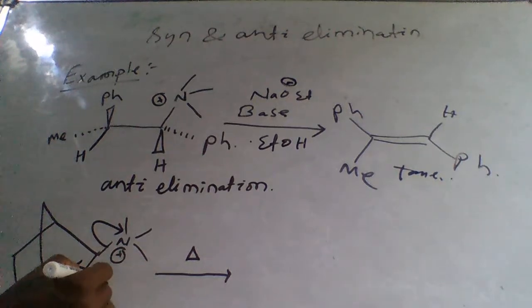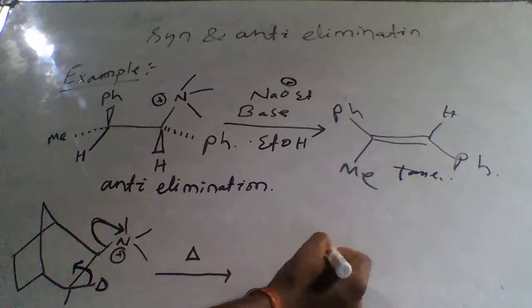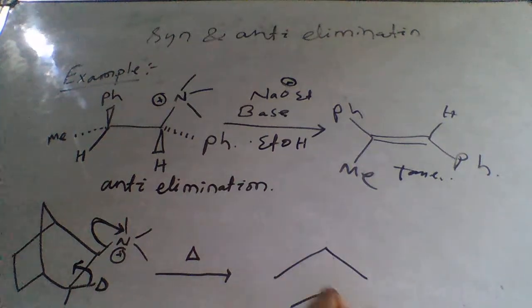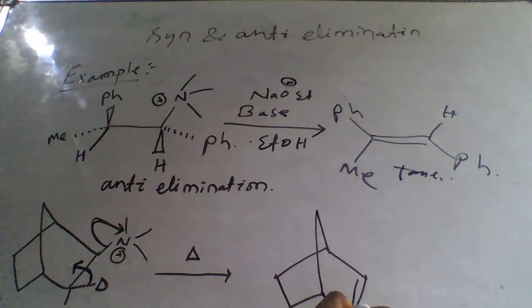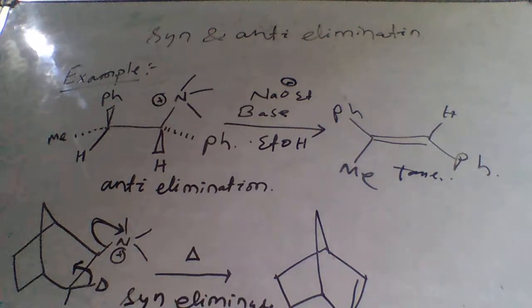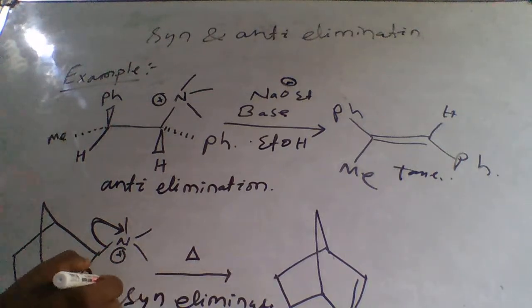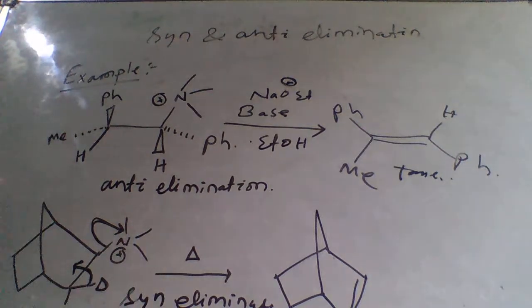This bond will go this manner, and this will go this manner, and it will give this norbornene system. This is Syn elimination. Due to the rigid system, it will always go through Syn elimination.